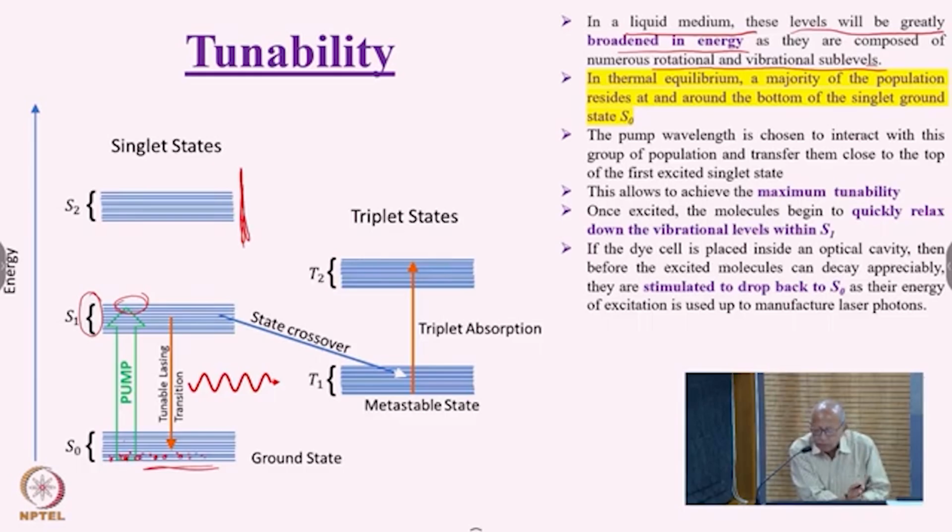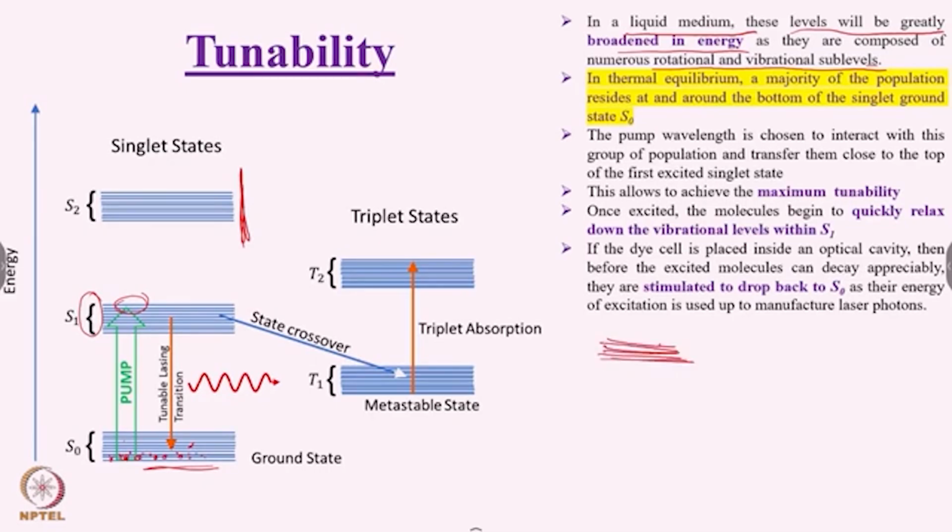Now, if this dye cell is placed inside an optical cavity, then before the excited molecule can decay appreciably down the vibrational levels, they are stimulated to drop back to S0. They are stimulated to drop back to S0 as their energy of excitation is used up to manufacture laser photons. Let me elaborate it a little.